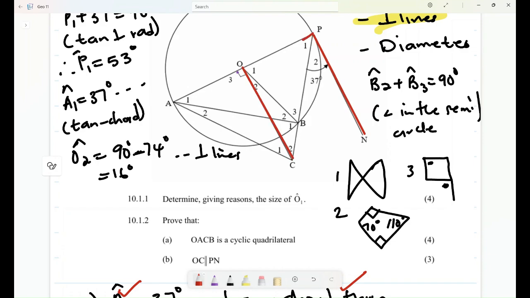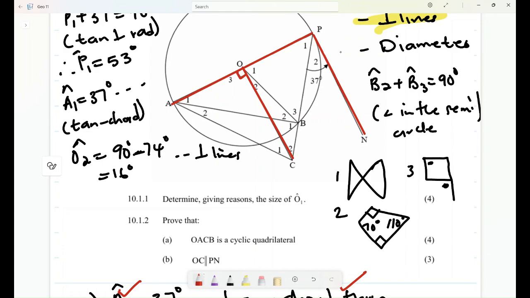Using this part here, remember O3 is given as 90. If I can prove that this whole angle here is 90, then these two lines are parallel. Why? Converse corresponding angles.